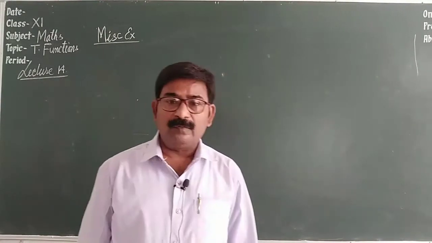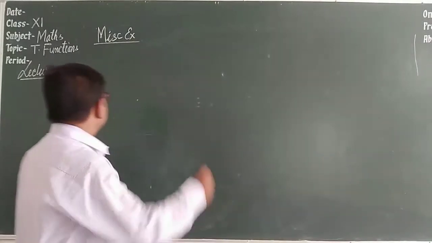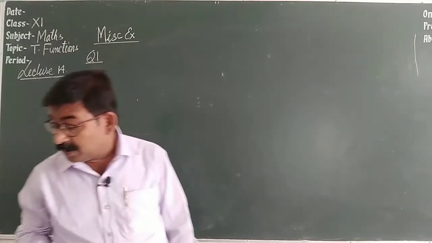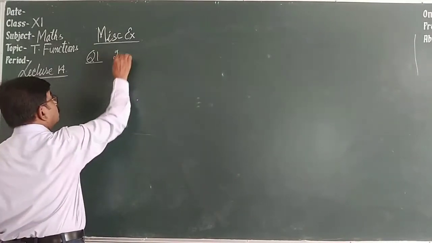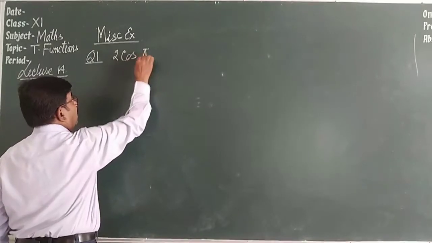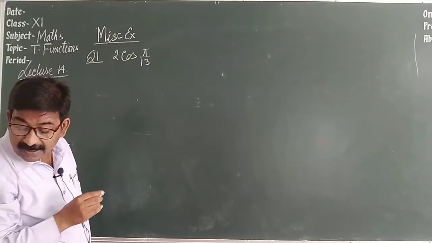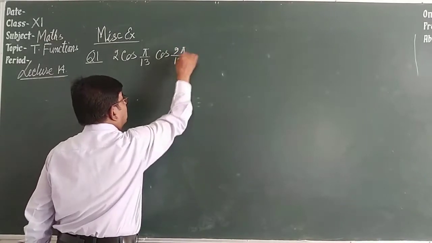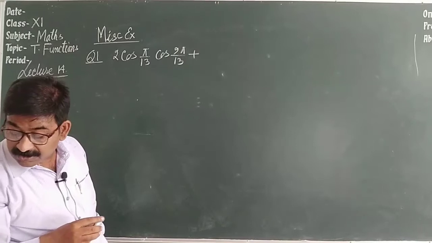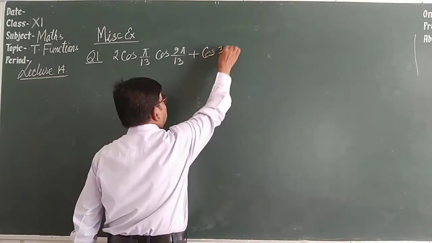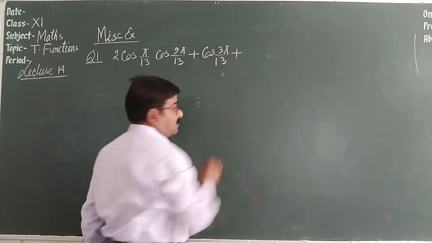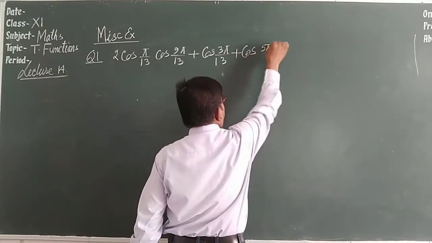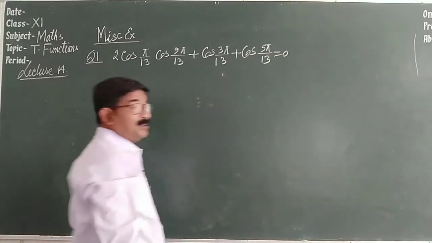A few questions are there to solve. Let's see. The very first question, question 1, is given: 2 cos pi by 13 cos 9 pi by 13 plus cos 3 pi by 13 plus cos 5 pi by 13 is equal to 0.